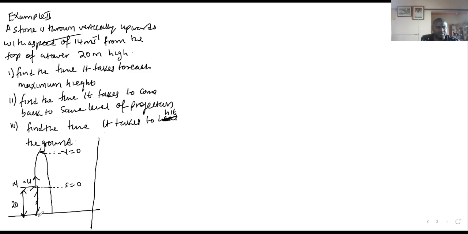So for case 1, V is equal to U minus GT. At maximum height, V is 0. Therefore, T would be U over G, which will give us the initial velocity, 14 divided by 9.81.